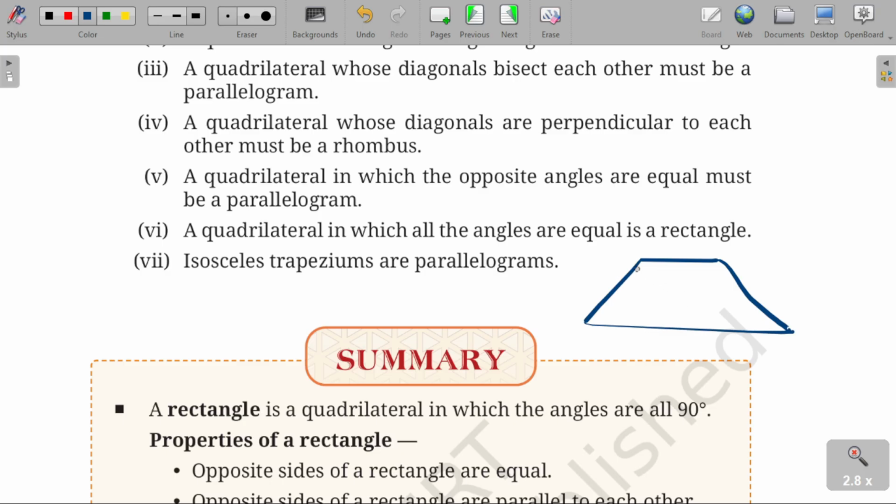That means all the angles 1, 2, 3, 4 are summing up to 360. If all the angles are equal, then angle 1 plus angle 1 plus angle 1 plus angle 1 is 360. So 4 times angle 1 is 360. So angle 1 will be 90. That means all angles are 90 degrees.